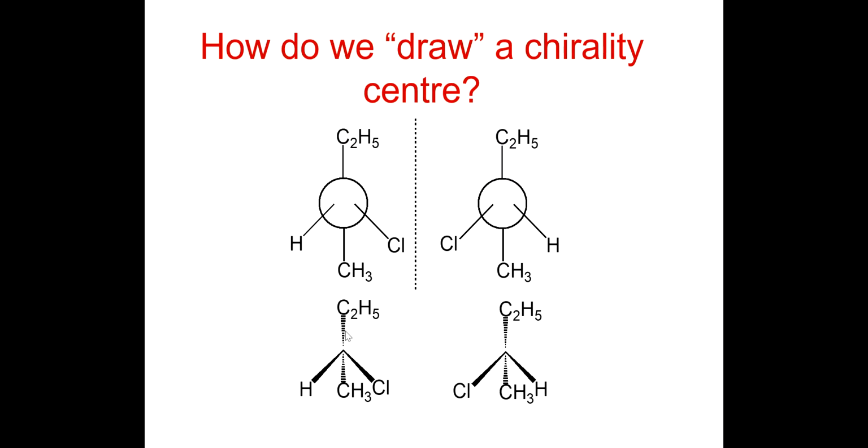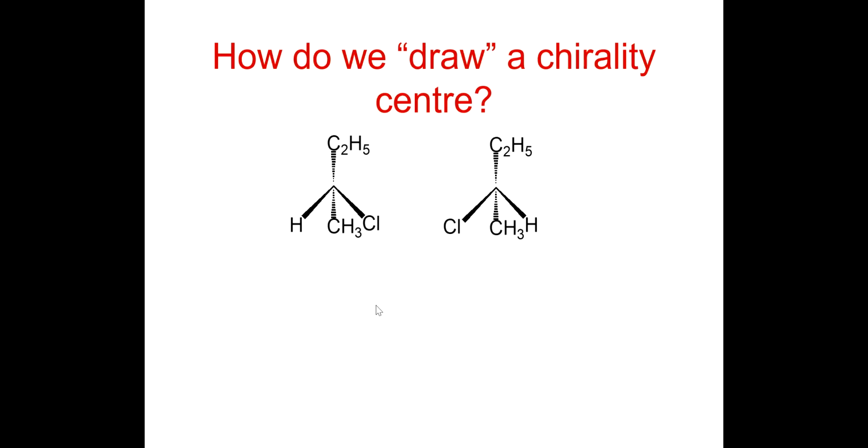Like I said earlier, or in the last lecture also, the dash bonds, just imagine they are away from you, stretching behind the paper, the plane, and the solid lines are stretched towards us, out of the plane, okay? So this is called wedge perspective. We can easily change the molecular model to a wedge perspective. That's easy.